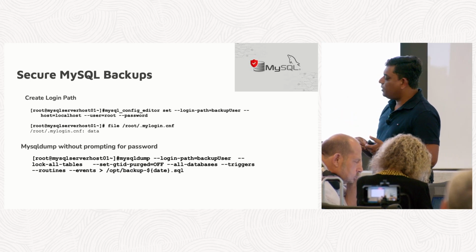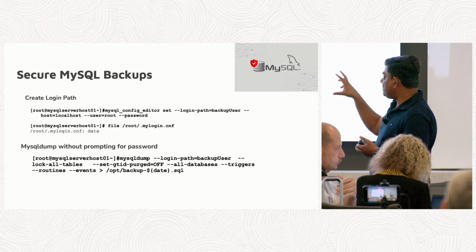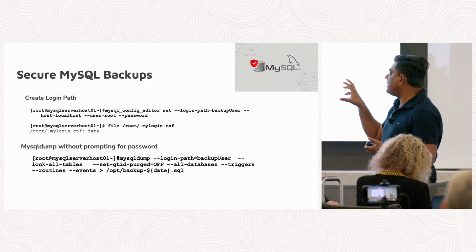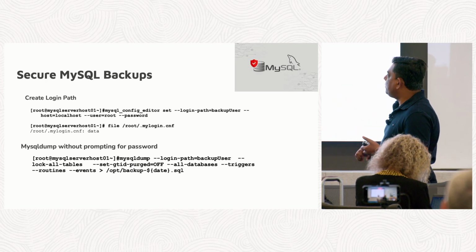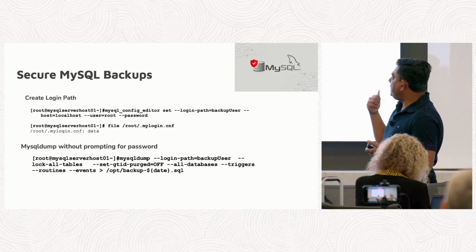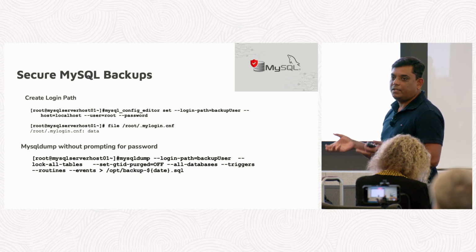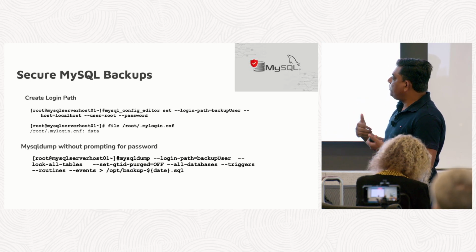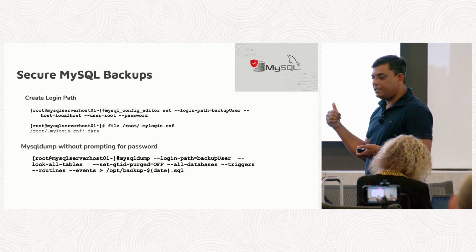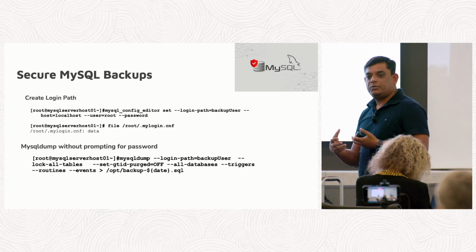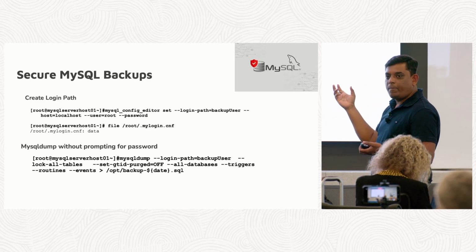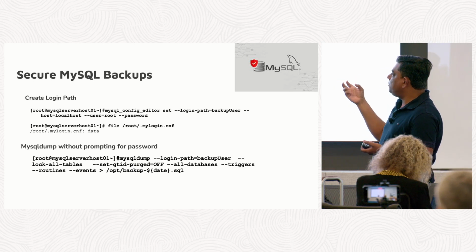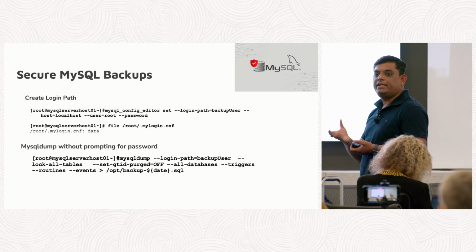In this example, we are talking about login path. This is not directly related to the backups, but the reason I have kept it is that MySQL config editor, one of the MySQL tools, allows you to set a login path where you can provide your username and password and encrypt that password file. So whenever you're using mysqldump or any utility, instead of giving the password and username manually, you can just use this file, and this way you're not exposing your credentials in any scripts.